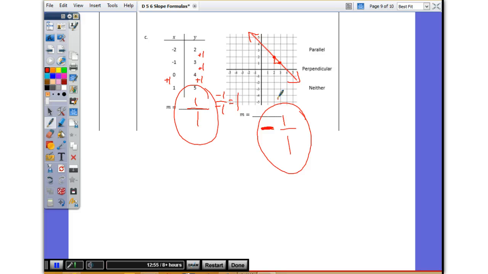So what are they? We know they're not parallel because they're not the same. How about this 1/1? To make it perpendicular, I would have to flip them around. That would still be 1/1. And I'd have to change the sign to make it negative. So what does that mean these 2 are? They are perpendicular.